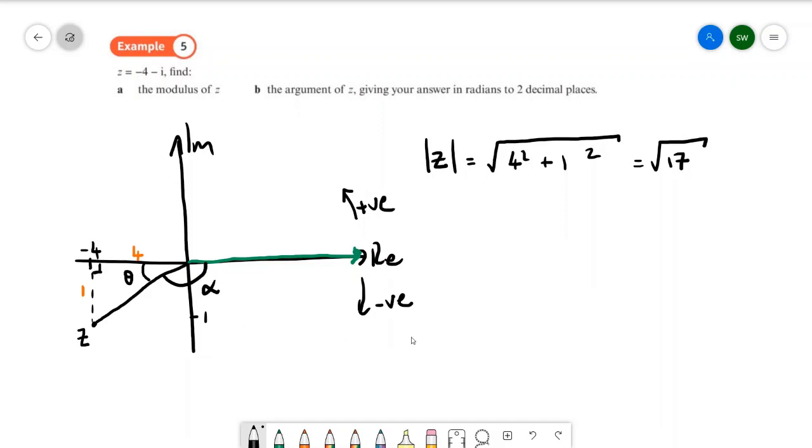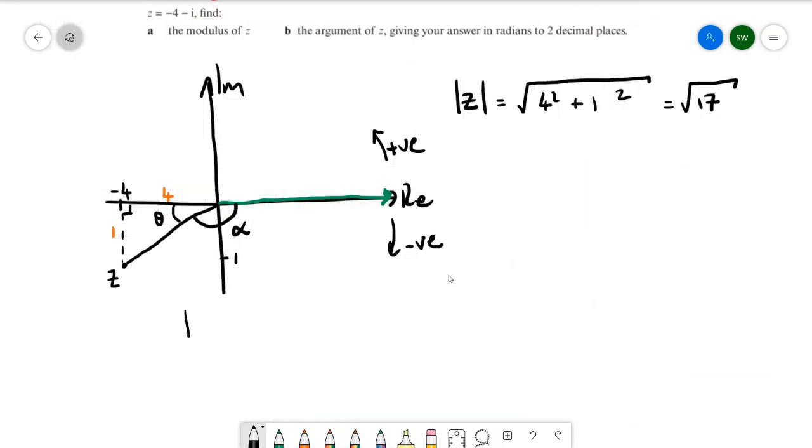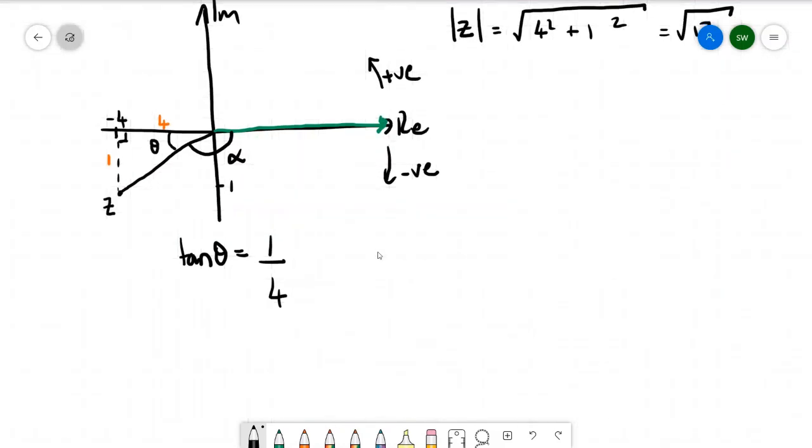So to find theta, I'm going to use tan. I know that tan theta, and this is where it's really important that you label your right angle triangle correctly. A lot of the time you see people get the 1 and the 4 mixed up, which is why it's really important that you draw a good diagram. So opposite theta is 1 and adjacent to theta is 4. So we can work out what that is.